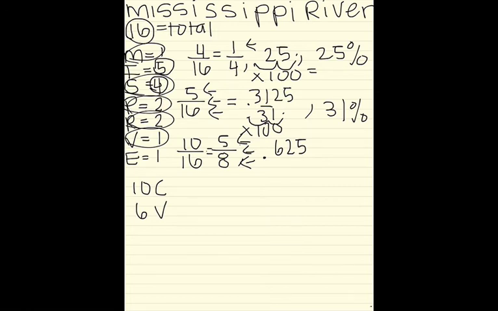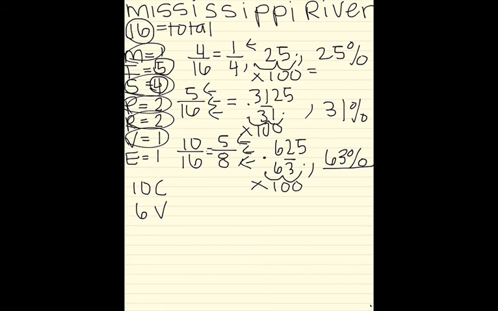So we need to round off to the hundredth spot, and because there's a 5 to the right of the 2, the 2 is going to change to a 3, and we have 0.63. Now we want to get our percent. We can get our percent by moving the decimal over twice, or multiplying by 100. 0.63 times 100 gives us the number 63, and that is 63%.